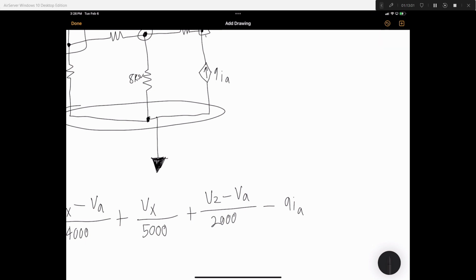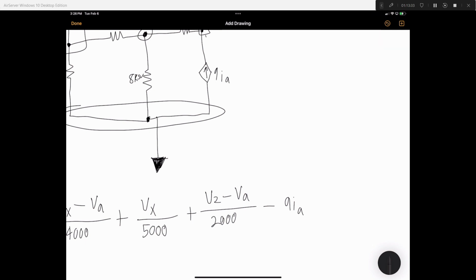V sub Z minus V sub A, in this case, divided by 2,000, minus 9 I sub Greek letter.